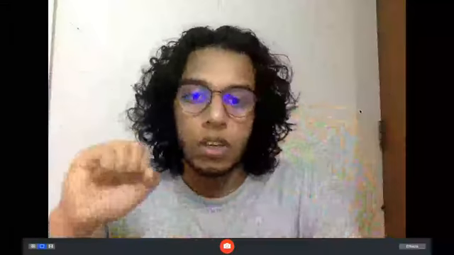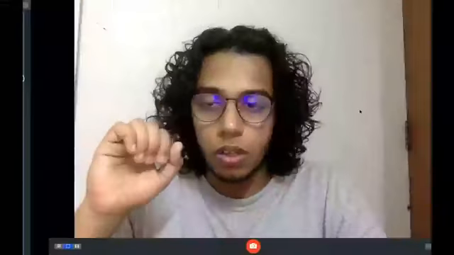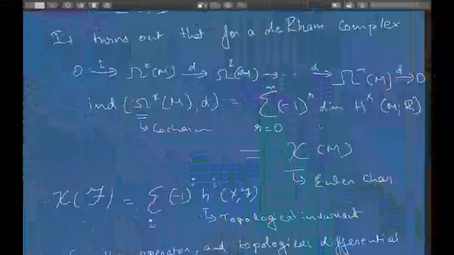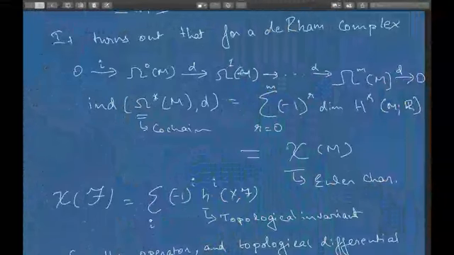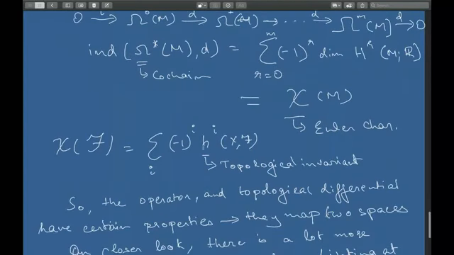So H^r gives you a particular cohomology group, and the index is the alternating sum of the cohomology groups of that particular dimension r. Now this is eerily similar to the Euler characteristic, which is given by the alternating sum of H^i. So H^i is just another topological invariant.